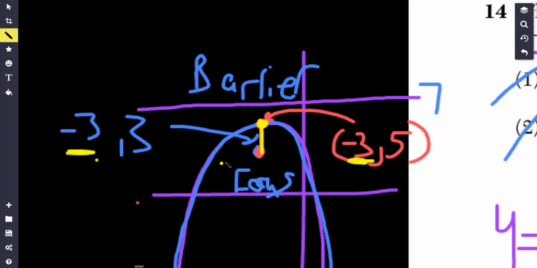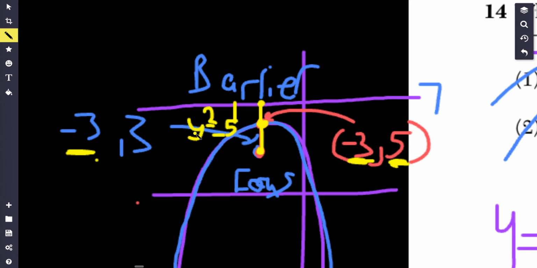We also know that the vertex, remember, the parabola is a set of all points where the distance from this line right over here is the same as the distance from this vertex to our focus. So in this case, our y value would have to be equal to 5. Because think about it, the distance from y is equal to 5 to y is equal to 7 is 2.